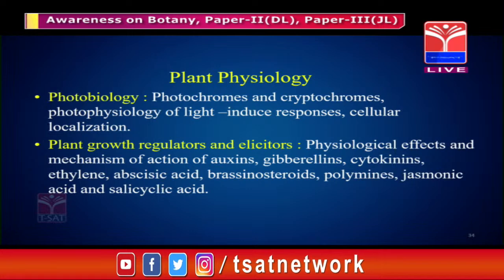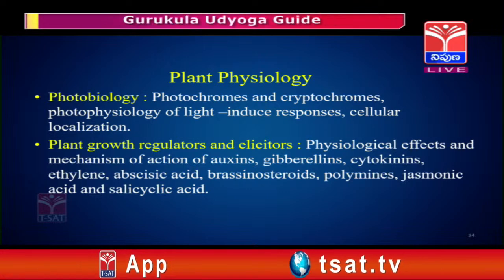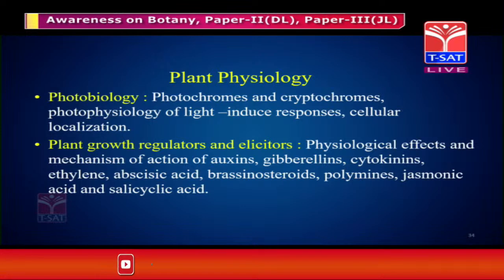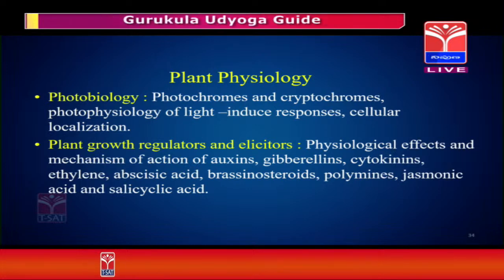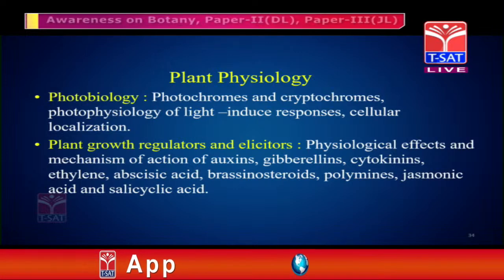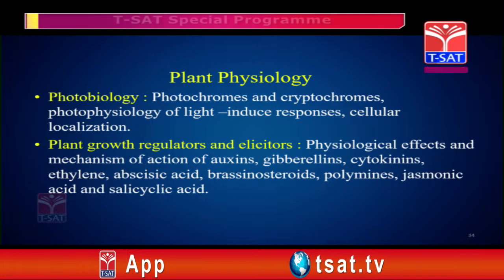Then PGR, that is plant growth regulators and their elicitors. Here please keep in mind that apart from the physiological effects, you have to understand the mechanism, how these auxins or gibberellins or cytokinins, these plant growth regulators, are acting on the plant. So the mechanism of action of these plant growth hormones also should be learnt.